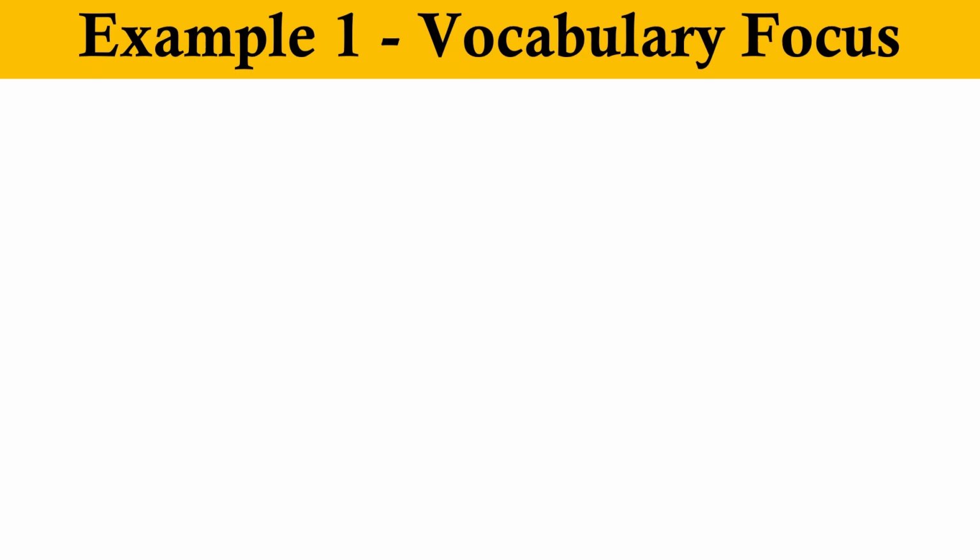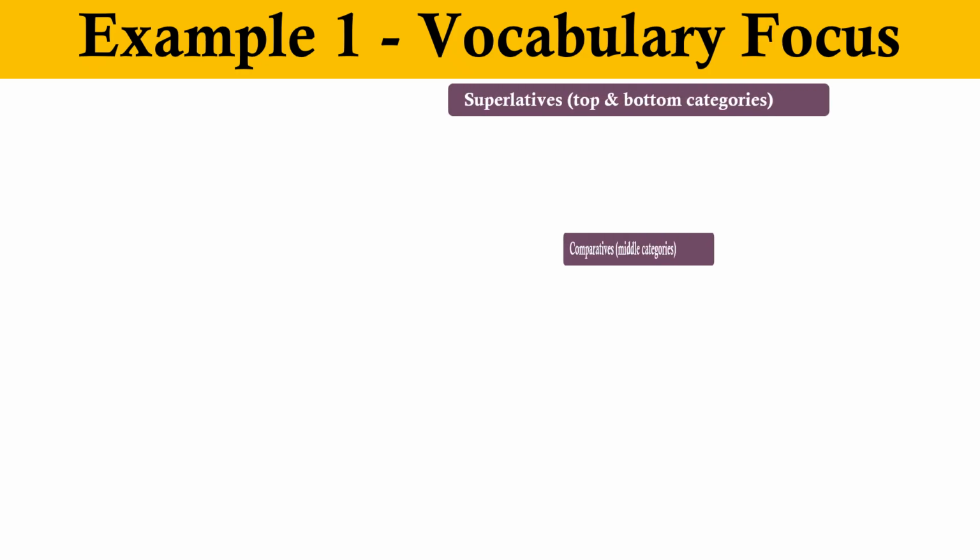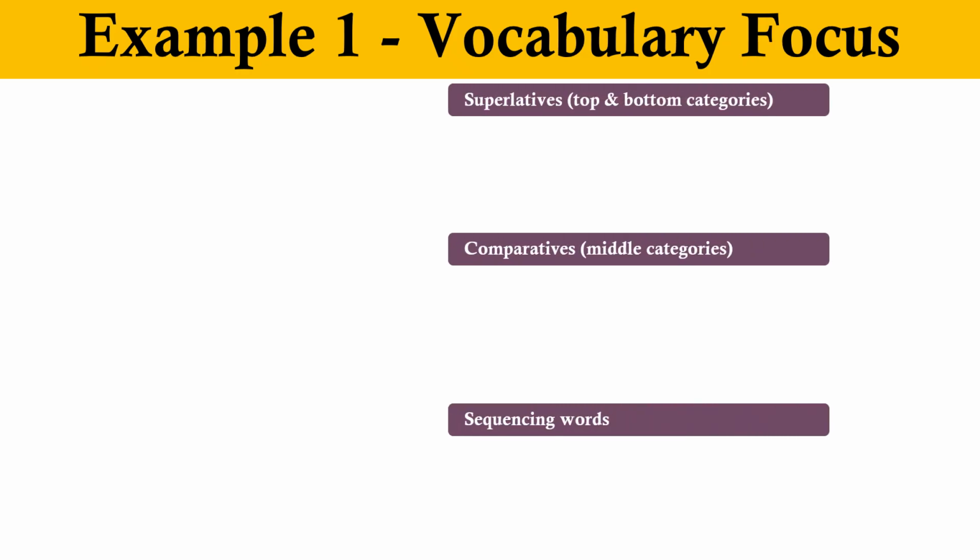But in static bar charts, there is no time reference, or sometimes just a single point in time. So we describe data by comparing sizes, ranking categories, and highlighting extremes. That's why we need superlatives, comparatives, and sequencing words.